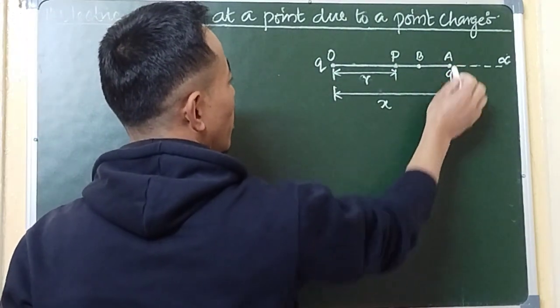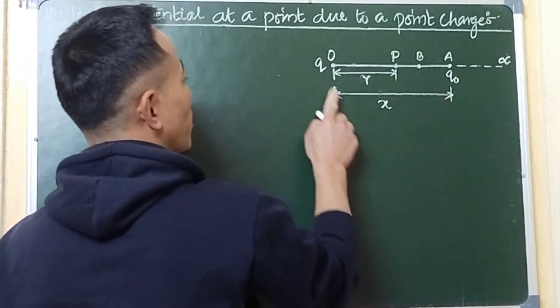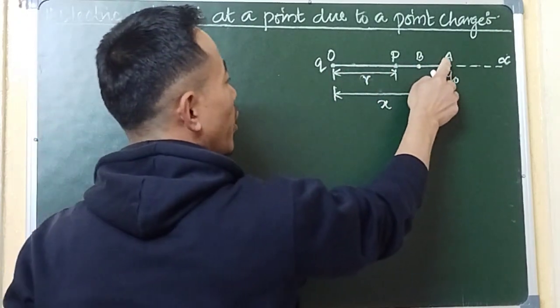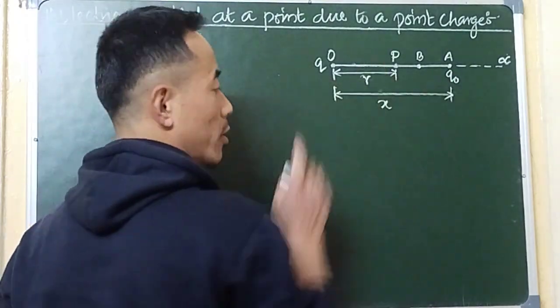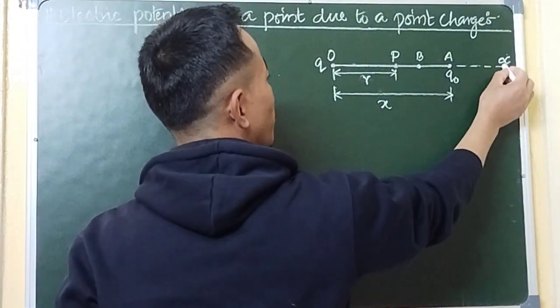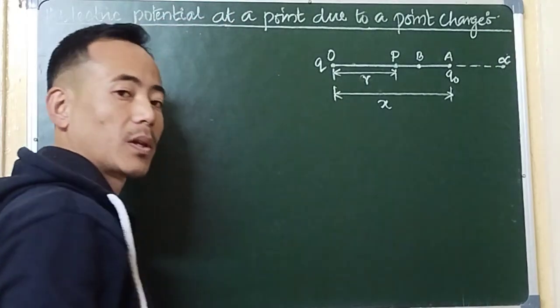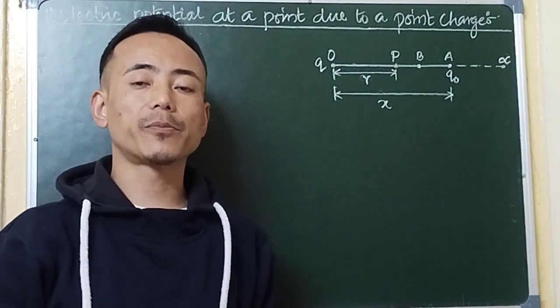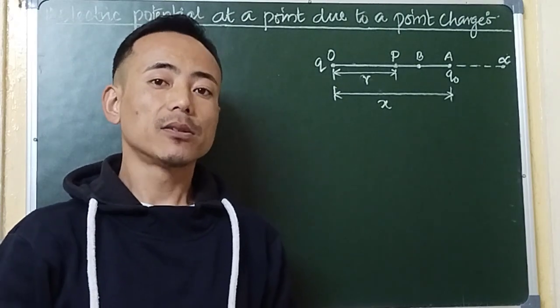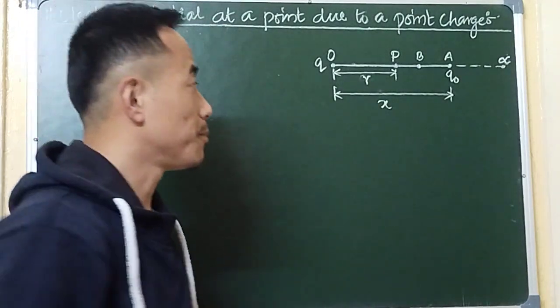Here we have point A, which is at a distance of x from the charge Q, and at this point A, initially we are keeping another test charge, which is Q0, and this point here represents our infinity. So here we will be finding out the expression for the potential. So let's derive the equations.